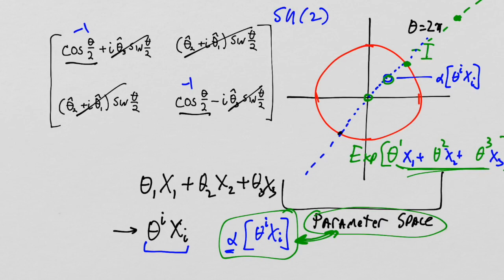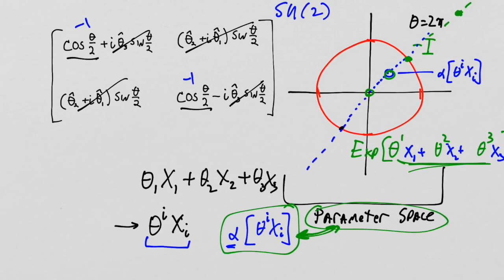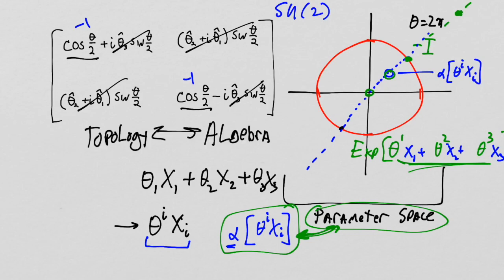What makes this subject so important is this is the place where topology and algebra are bound together. This is a place where this concept of continuous spaces, homeomorphisms, compactness, connectedness, all of those topological properties, and then there's all the algebraic properties, being a group, being an algebra, having a basis, being a vector space. These things are bound together in this subject, and that is exactly why this subject is so important.